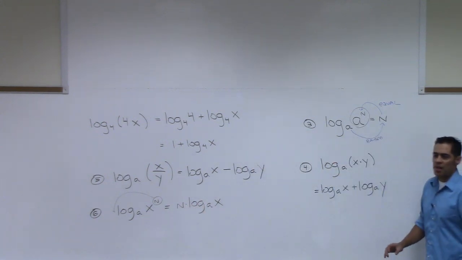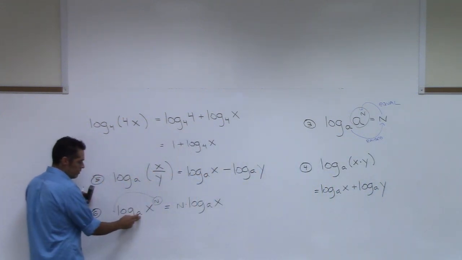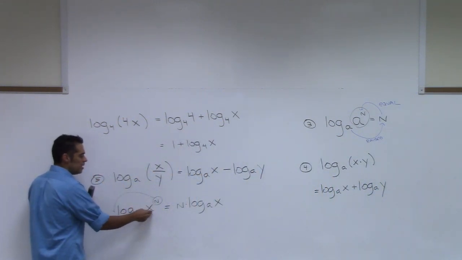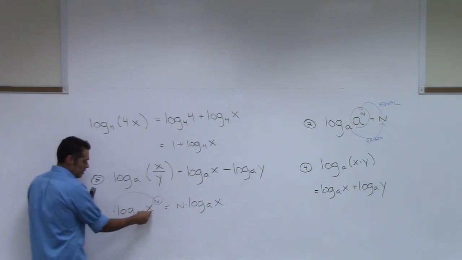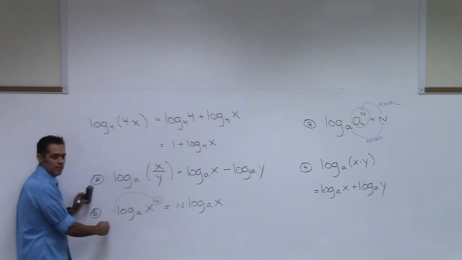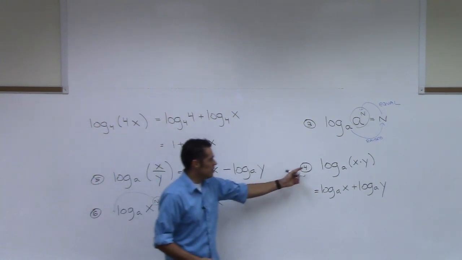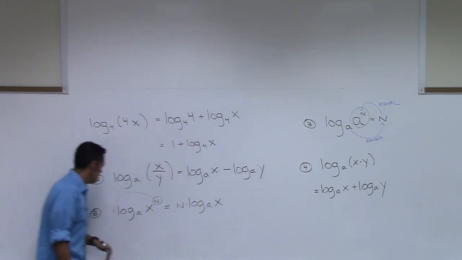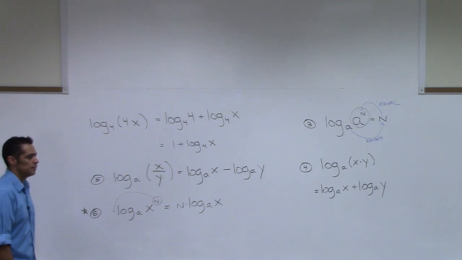So this property says that if you ever have a log of any base, and you have something raised to a power, and that something doesn't have to match this, if anything is raised to a power, you are allowed to just take that power and drop it out front. You're free to do that, all right? I won't get into the technicalities of why, but it actually is just using this property right here, but we won't get into it, all right? I'm going to put a star next to this one. This one's very important also, all right?